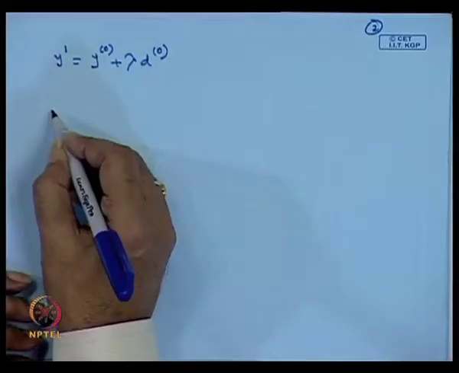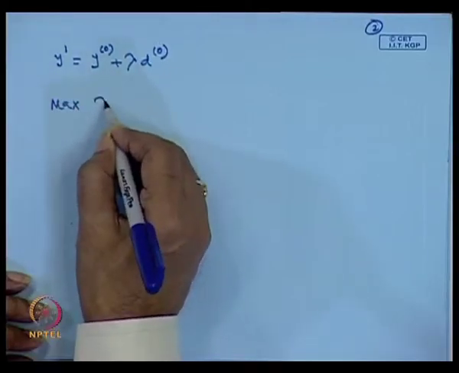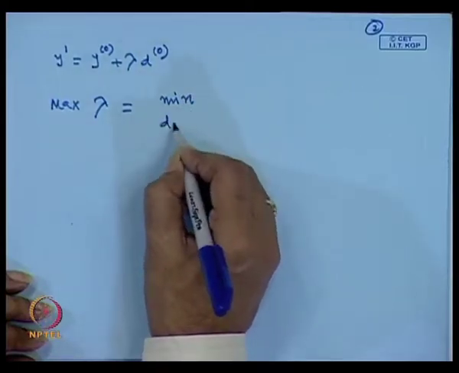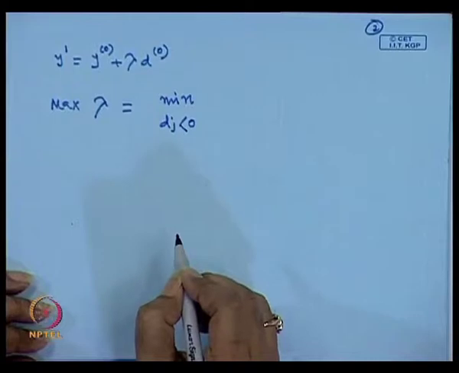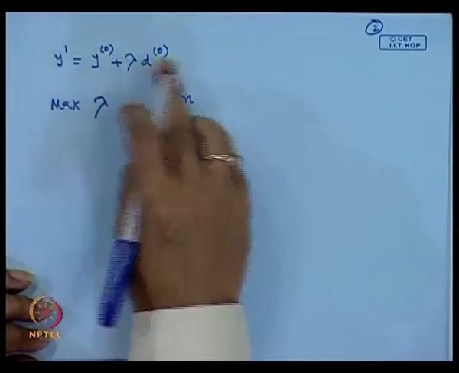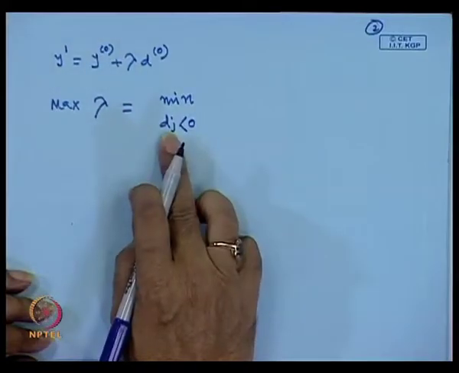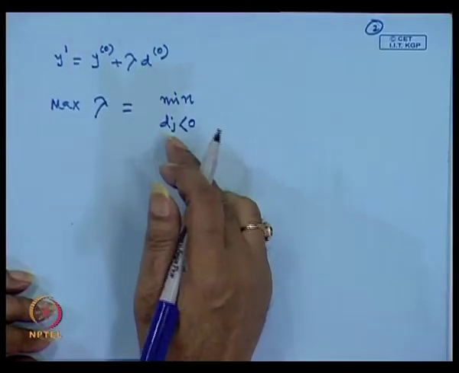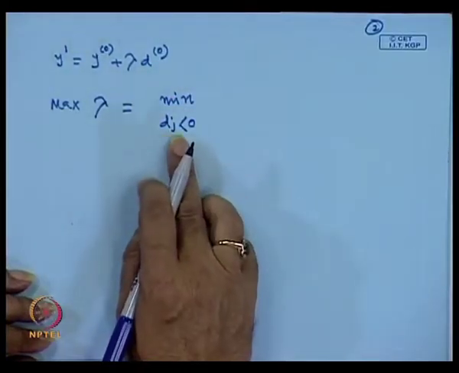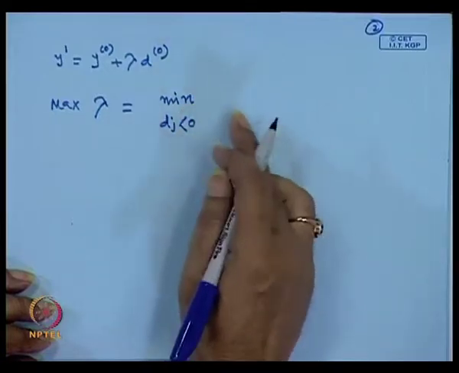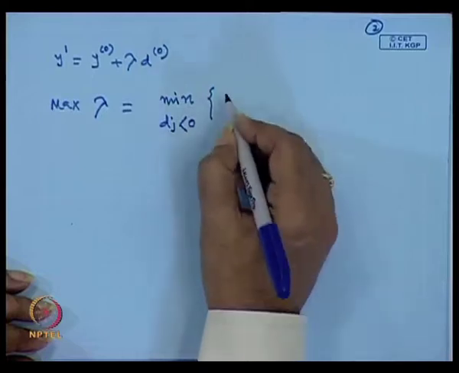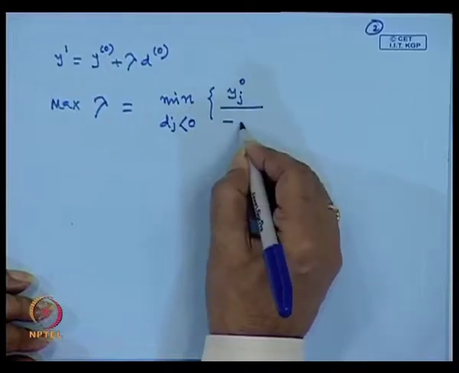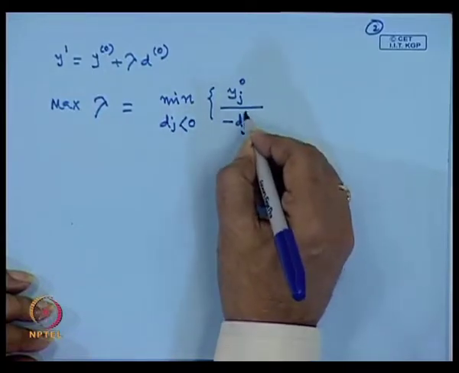So, this lambda max is computed as the minimum over d j less than 0. d j means elements of d, means how many elements of d there are. If there are n elements, d 1, d 2, dot dot, d n. The elements which are less than 0, you compute like this way: lambda max equals minimum of y j superscript 0 divided by minus d j superscript 0.